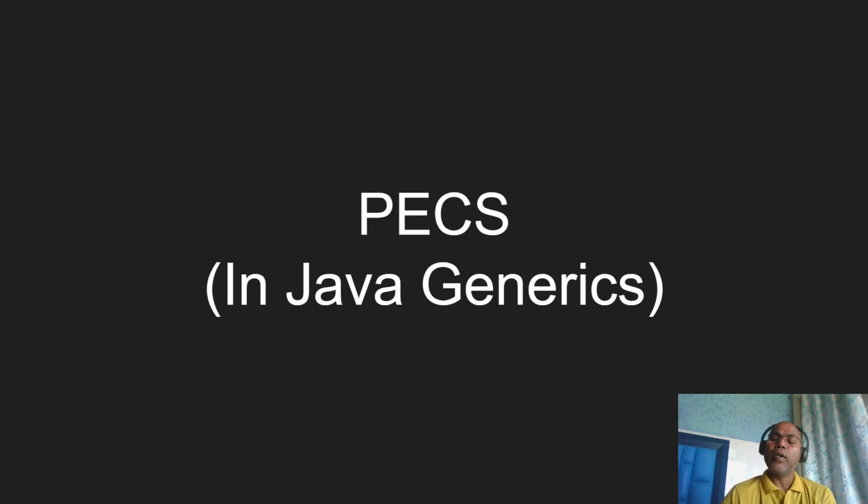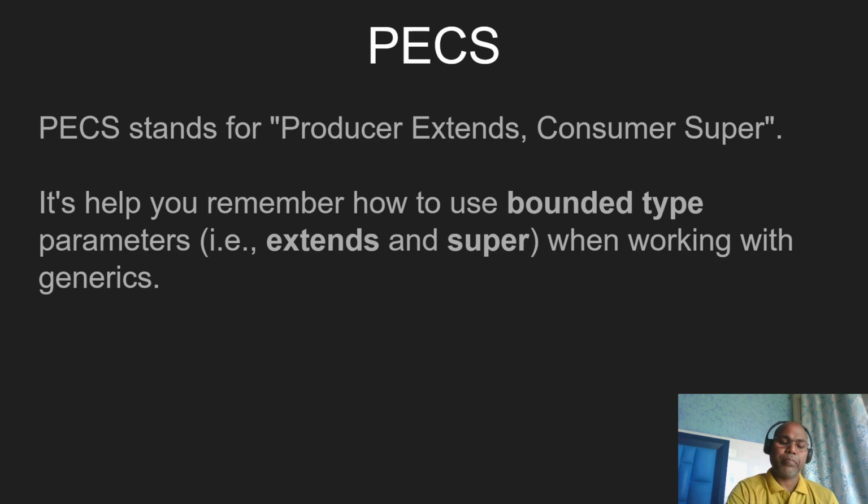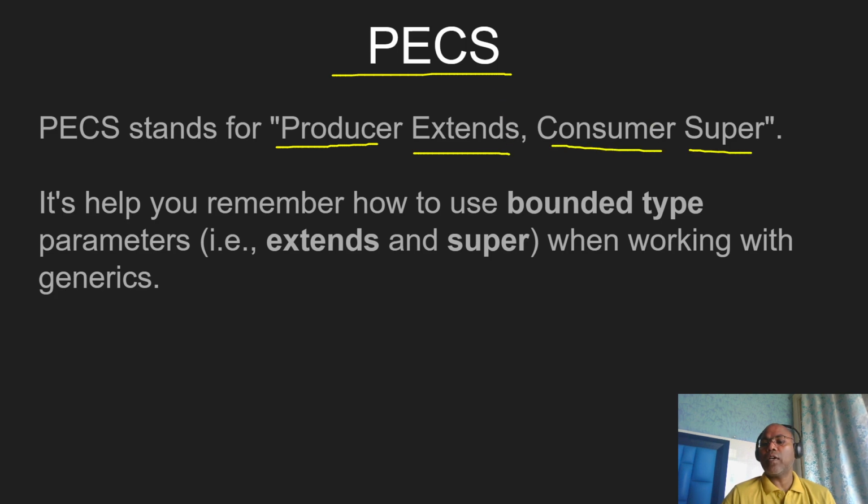Let's talk about the PECS. So P stands for producer, E stands for extend, C stands for consumer, S stands for super. That means producer extend, consumer super. That's the meaning.